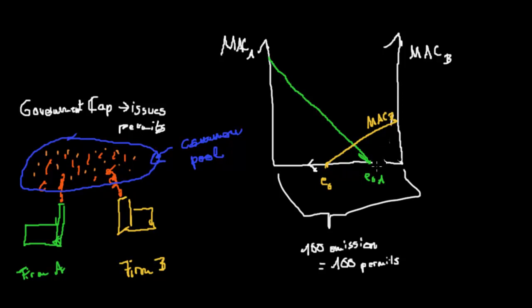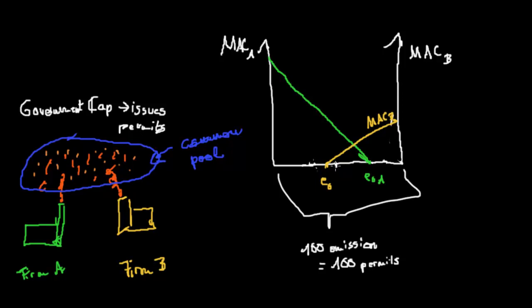So we have the two graphs and the two emission targets, and now the government actually assigns or allocates those emission permits equally among the two firms.